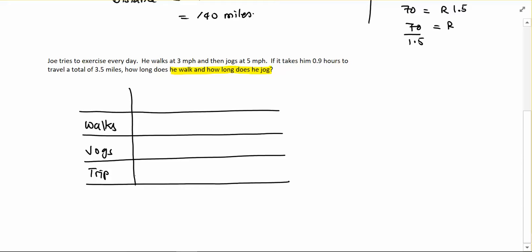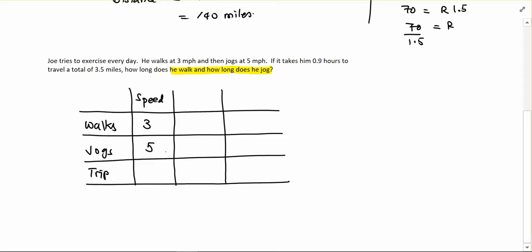For example, he walks at 3 miles per hour. That 3 is for walking, so I'm going to put the 3 there, and that's a speed. I'll label that column speed. And the 5 we can put right there because that's his jogging speed. So speeds go under one column.